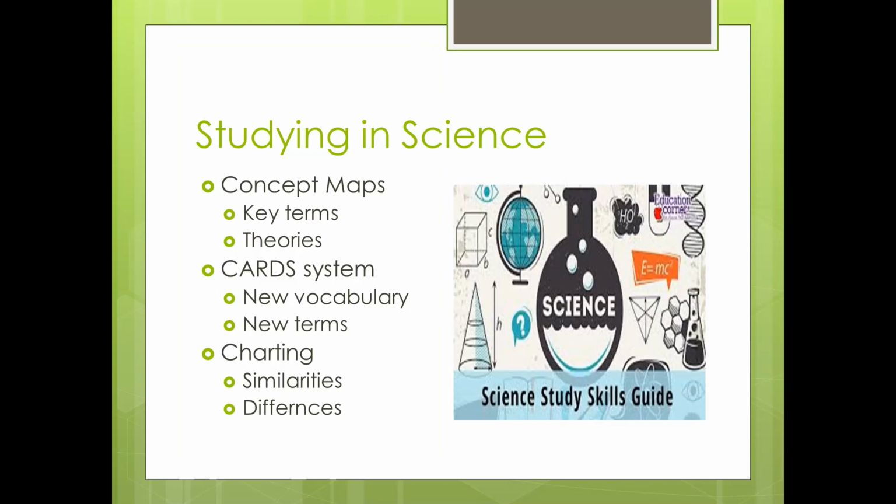When you chart something, you can map the similarities and differences, and that's pretty important. They have a great example of someone charting the similarities and differences of molecular bonds on page 191 of your text.